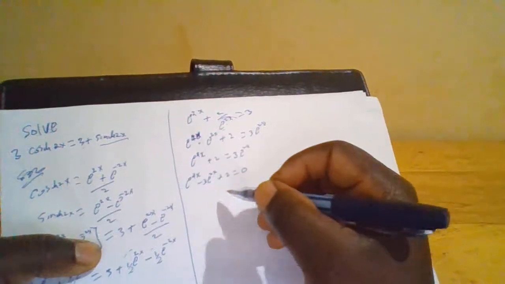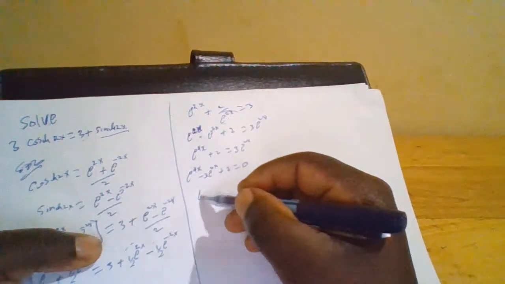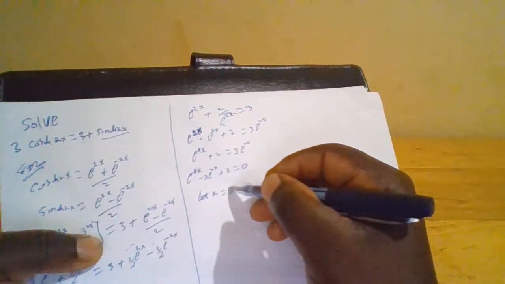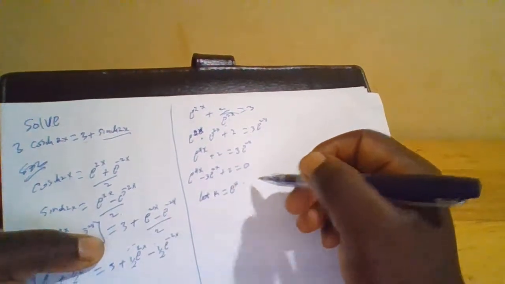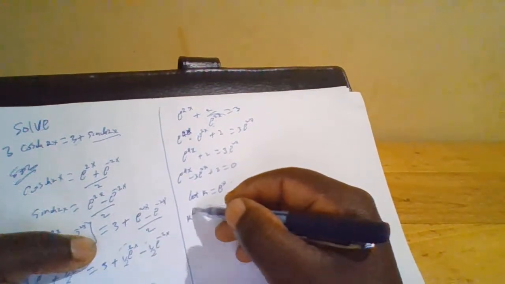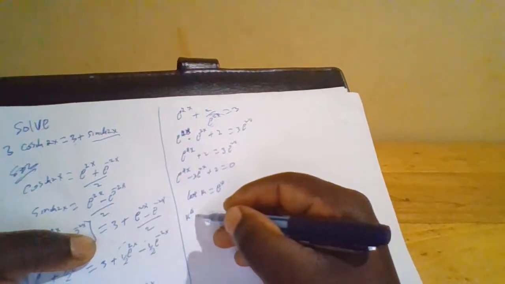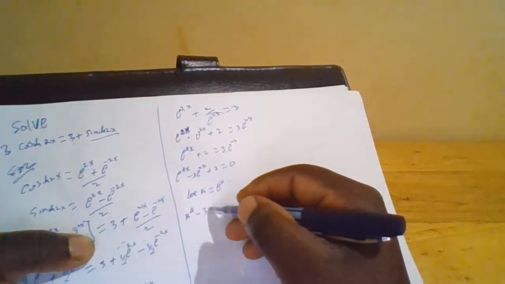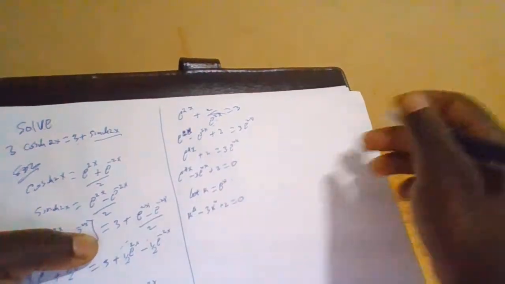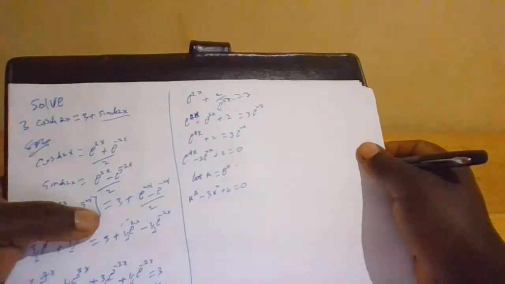So we shall form a polynomial here. We shall let k equals e^x. If that is the case, then here we shall have k raised to 4 minus 3k squared plus 2 equals 0.